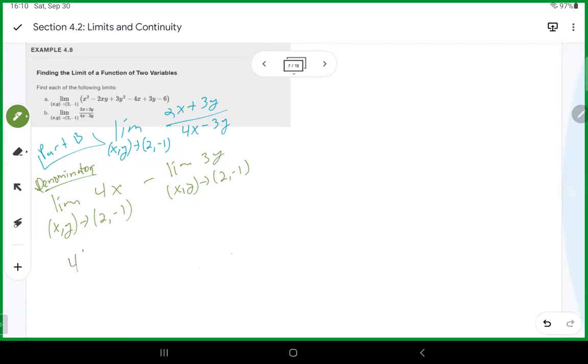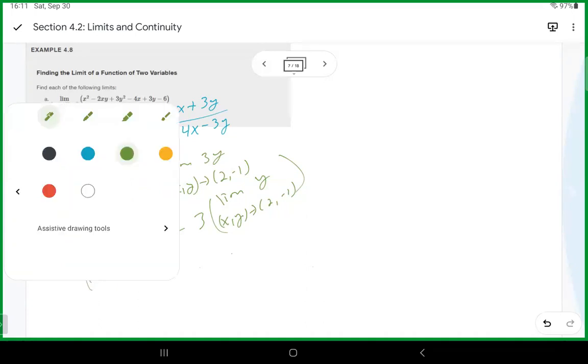So we'll get 4 limit xy to 2, -1 of x minus 3, the limit. Okay, so that's just going to end up working to be 4 times a and -3 times b.